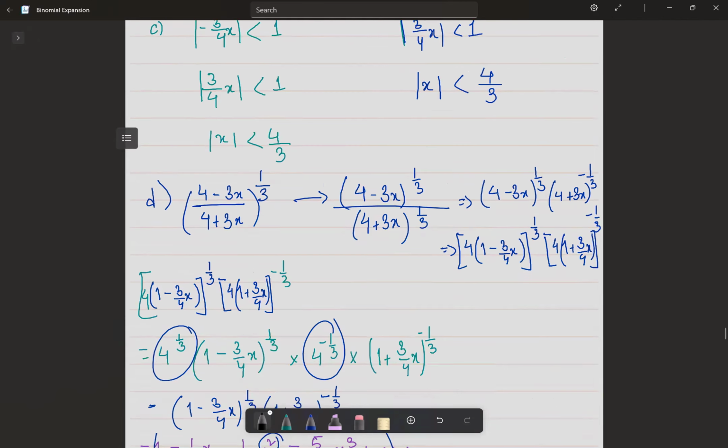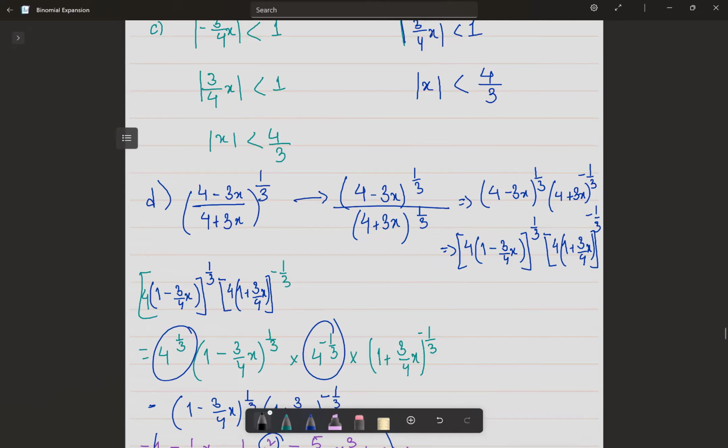Now, in the last part of the question, we were given this algebraic fraction raised to the power of 1/3, and then we were asked to expand this. In order to expand this, everything must be in the numerator. So this 4 minus 3x, we took this in the numerator first. Then our next step was to take 4 common from both of these, because if we want to apply the factorial formula, we have to take the 4 common.